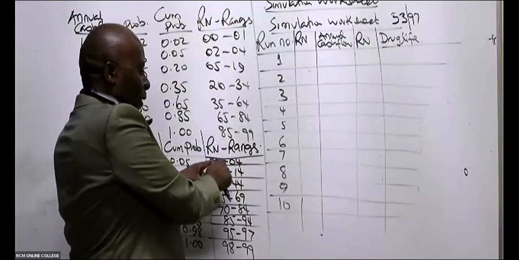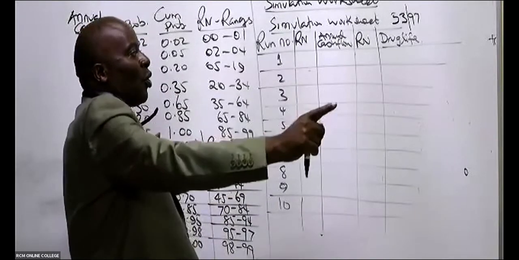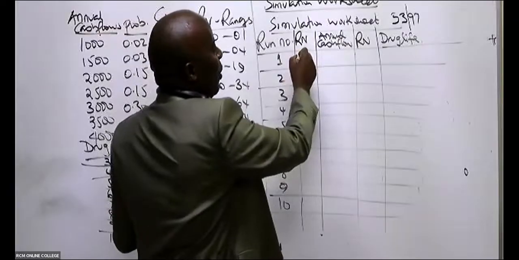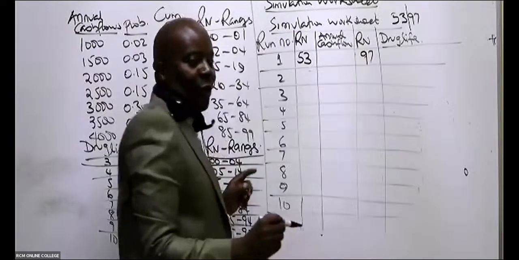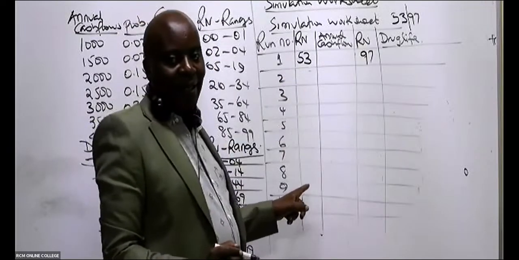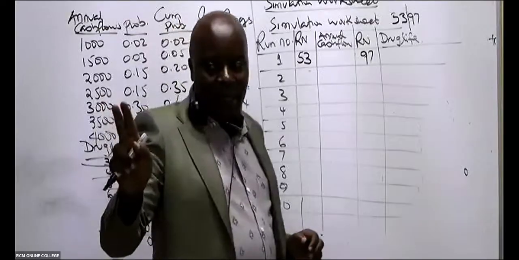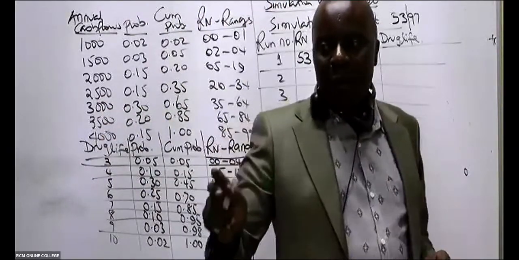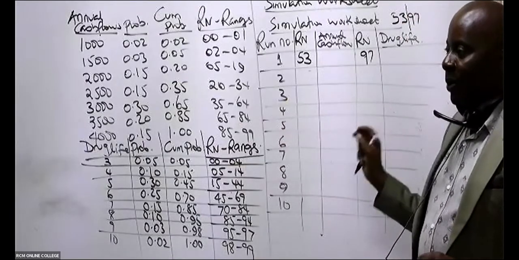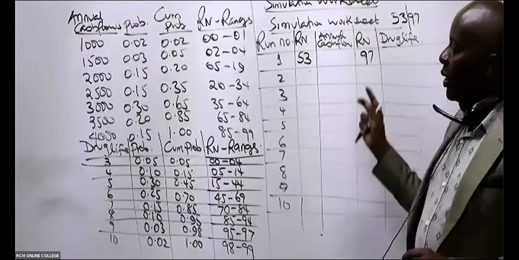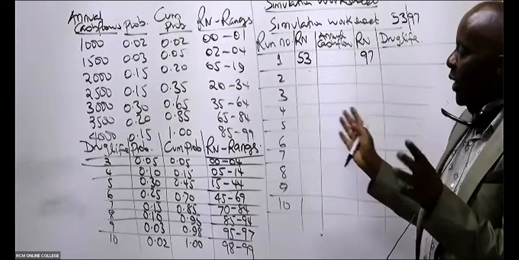It was a 2 decimal place question. So this random number will be 53, and then next is 97. Don't write them downwards.